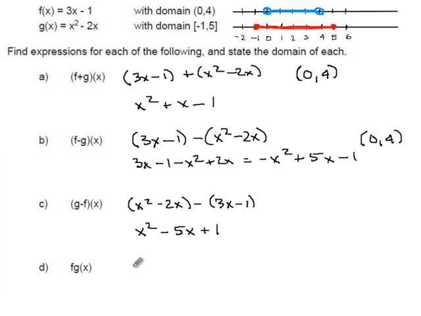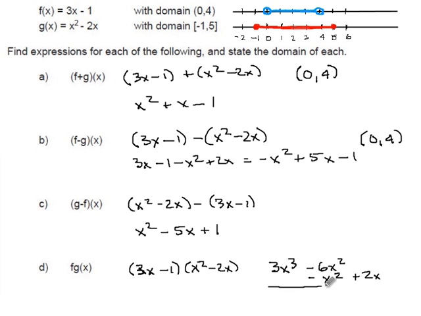F times g, now we get to expand. 3x minus 1 times x squared minus 2x gives 3x cubed minus 6x squared minus x squared and plus 2x, which cleans up to 3x cubed minus 7x squared plus 2x. For both of these, I'm afraid the domain is a little repetitive. It's 0 to 4 in both cases.